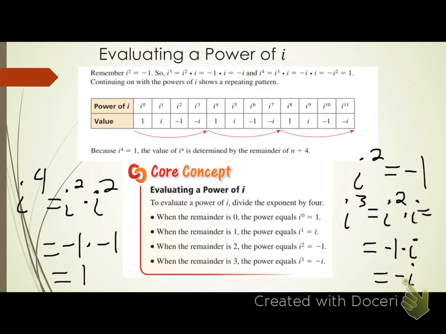Can I move on or are we still writing? Okay, I'll give you a little bit of time. Take your exponent, divide it by 4. You're going to get a remainder of either 0, 1, 2, or 3. Whatever your remainder is, you use that for i's exponent, and you know what these are, so that's what it would equal. Can I move on to our examples?